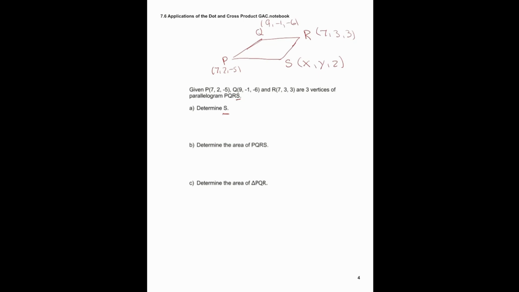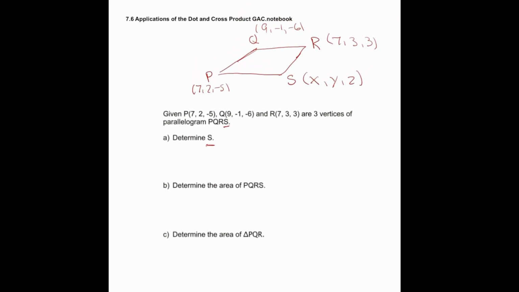So to determine this missing point, we need to remember what we know about parallelograms. If I have a parallelogram, all things being equal, then the vector PQ will have to be equal in length, or in magnitude, to the vector represented over here, SR. So these two will be equal to each other, and that makes sense.